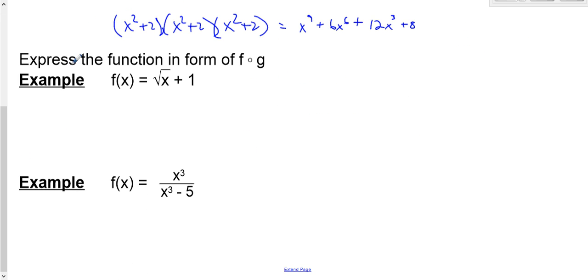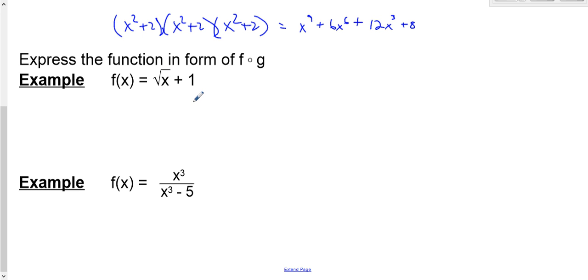Okay, looking at these, we want to express the function in the form of f of g. So we're given a function written in what we would consider its final state, and we need to somehow separate this into two functions.